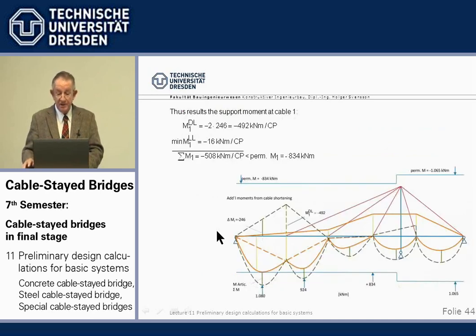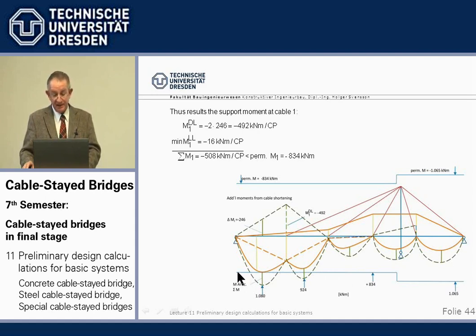So if we have it all here, it looks a little involved, but it's fairly simple. We have the life load moment envelope, and hung into it the dead load, the 263. So we come to this 1080. Now this is the permissible moment from the beam capacity.